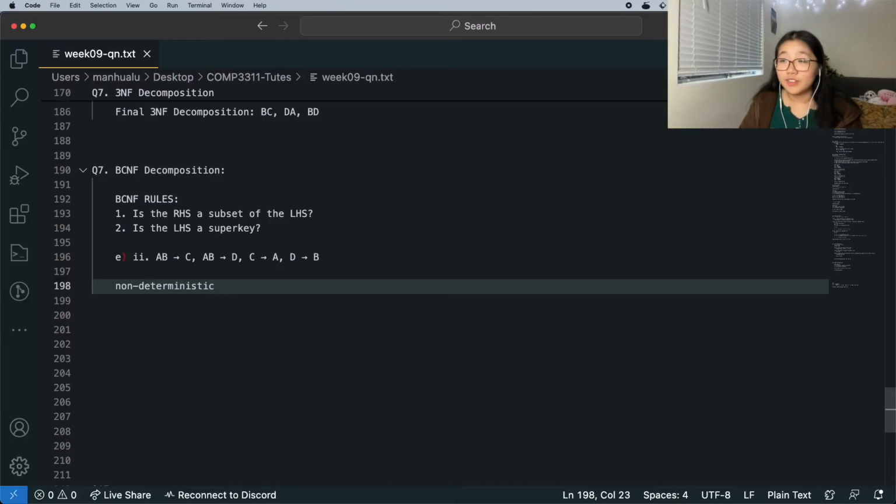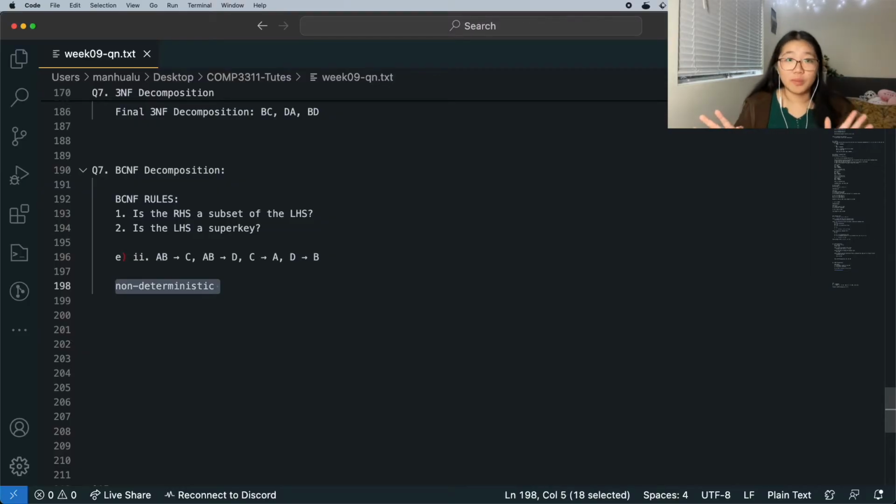However, BCNF decomposition is non-deterministic, meaning that it is random. You'll see as we go through the process that when you're looking at each relation and breaking it down further, you are choosing a random relation in a random order. So it can generate multiple different answers. That's what non-deterministic means. So your answer may not always be the same as the tutorial answers.